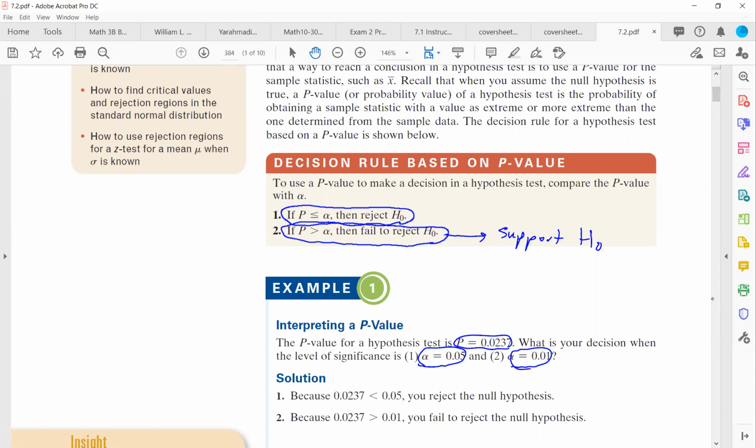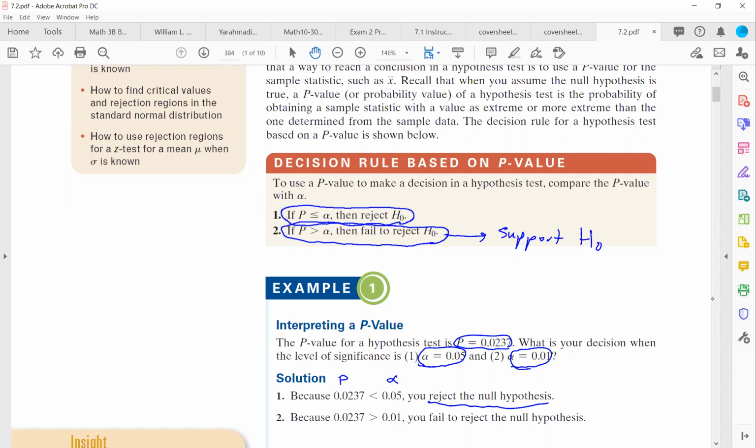Very well. If the level of significance is 5%, of course 5% is greater than 2%. So this is your p-value and this is your alpha. Since the p-value is less than or equal to alpha, we reject the null hypothesis.